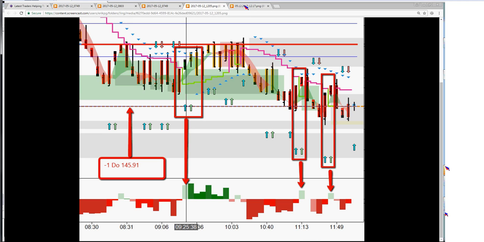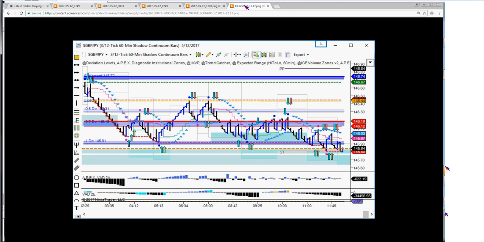All right, so 925. Let's look at 925. Notice with the updated template, your arrows are in a different spot. And it didn't break the high off that one deviation move.